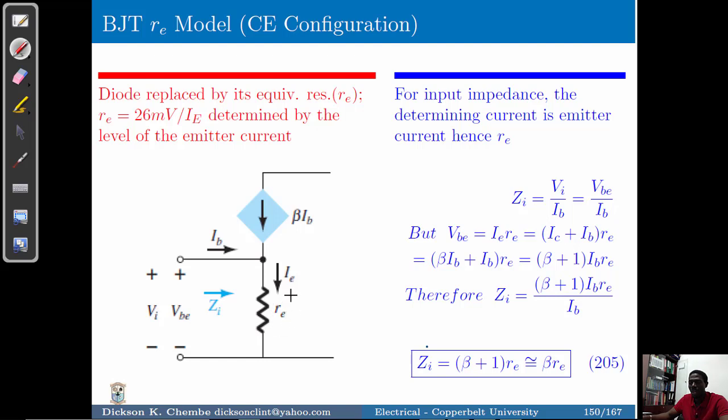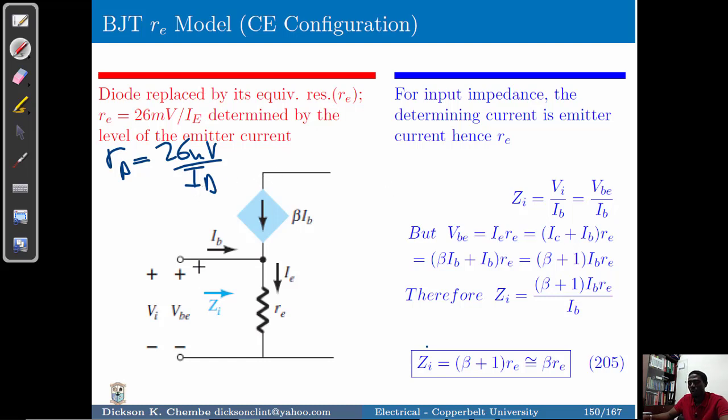And this resistor value is obtained by 26 millivolts over the emitter current. This is the same as the diode resistance, which is 26 millivolts over I, the current through the diode. So its value is obtained from the diode because it's the same behavior as a diode.